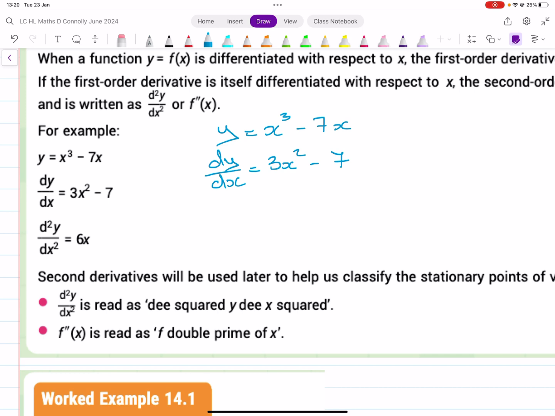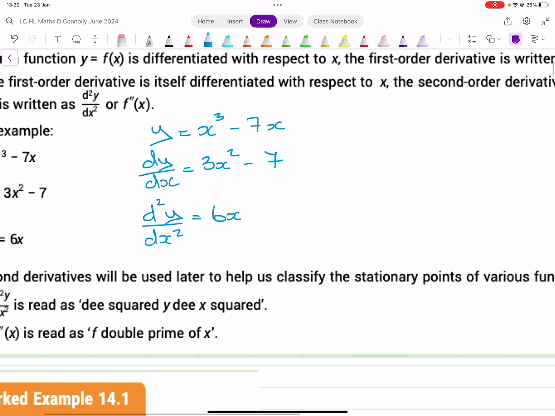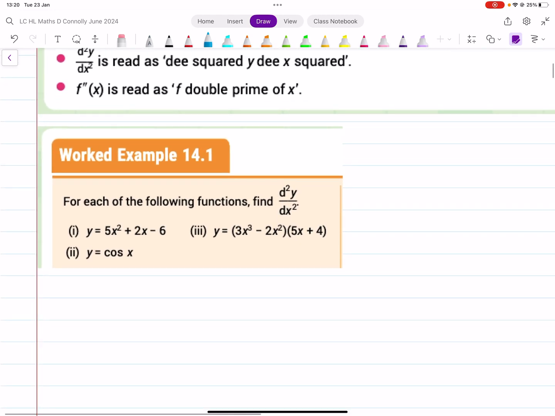And then if you differentiate again, what you call it is d squared y/dx squared. You just differentiate again. So 2 by 3 is 6x, reduce the power by 1, and then the 7 is gone. And then you can do the same thing with the other notation. So this would be f of x, this would be f dash of x, and this would be f double dash of x. Yeah, and that's what a second derivative is.